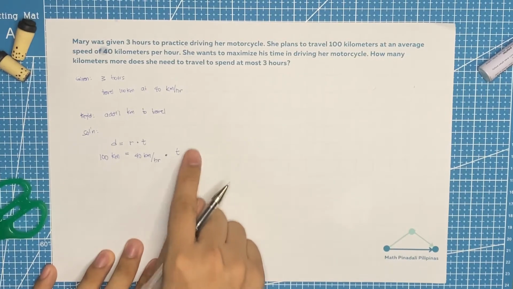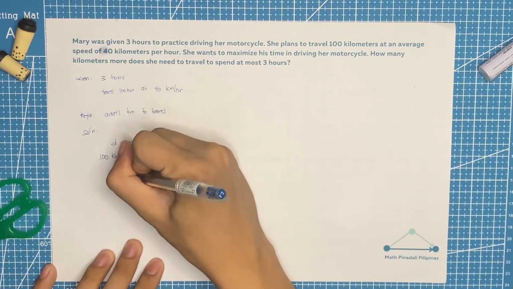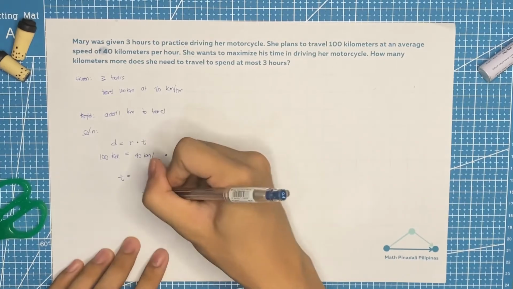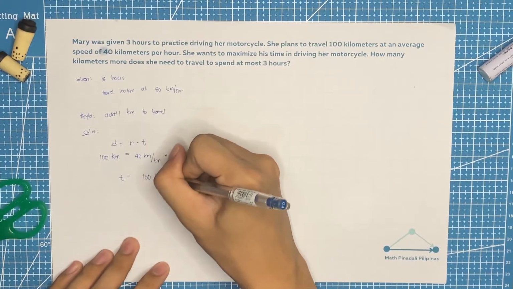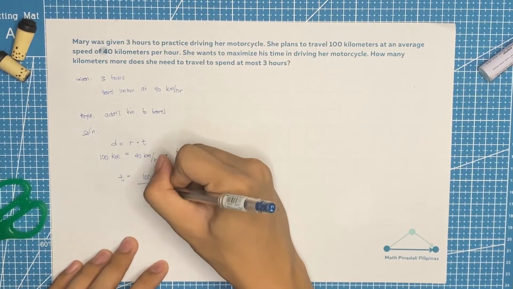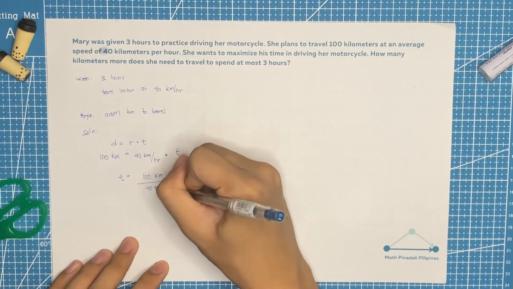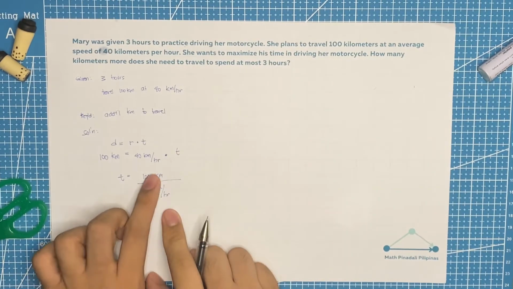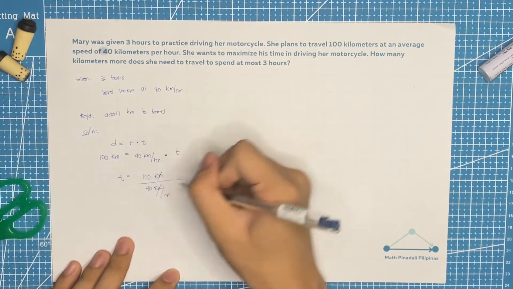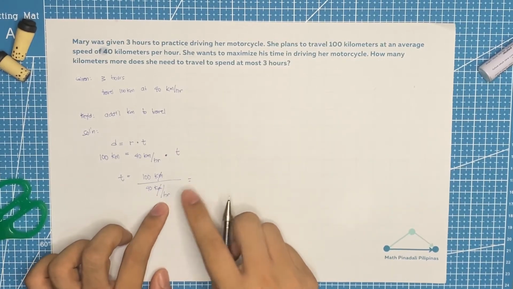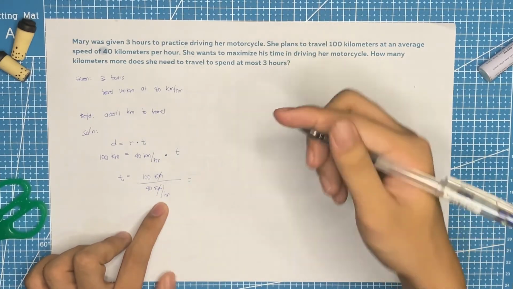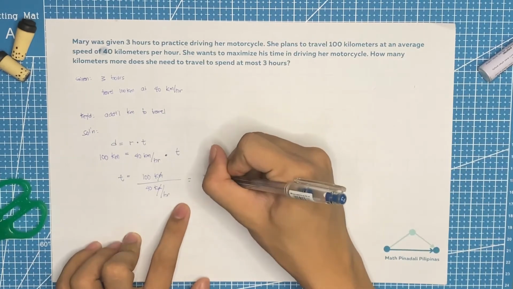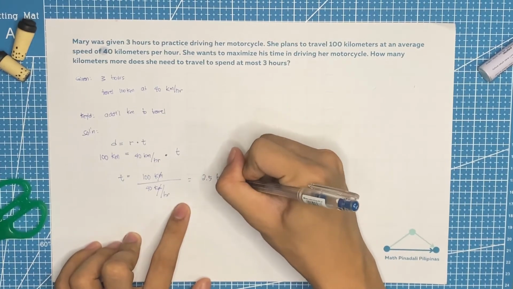So what we do is we find the value of t. So t would be equal to 100 kilometers over 40 kilometers per hour. Now yung kilometers maka-cancel. So matitira sa atin yung per hour, tataas siya sa numerator. So that would be 2.5 hours.